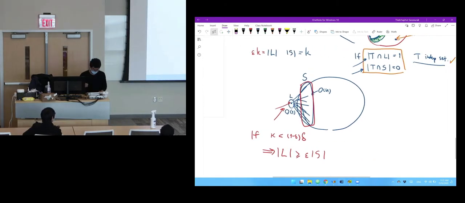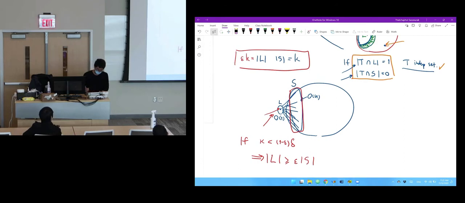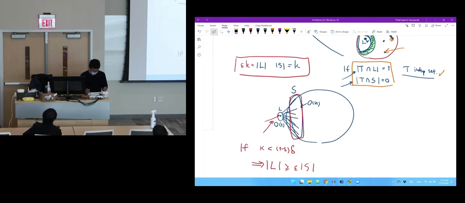So my claim is that if this is true, and you sample with 1 over K, then the probability that T intersect L is 1 and T intersect S is 0 is something like epsilon.